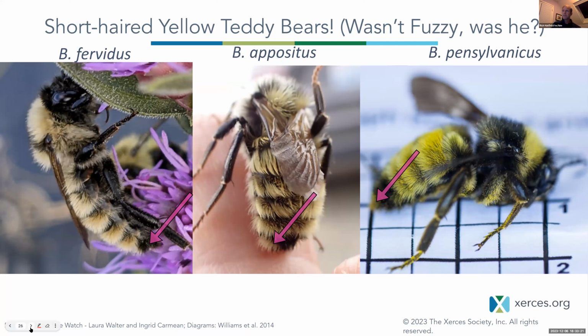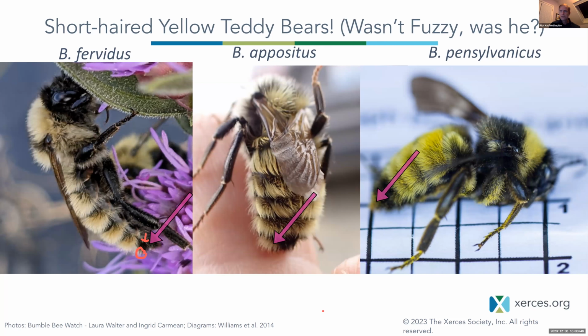If you look at Bombus fervidus, on the left, on the final abdominal segment, actually I think this is T6, there is yellow in the center of T6, but the side of T6 is black. This is a character that we often, not always, see in Bombus fervidus.